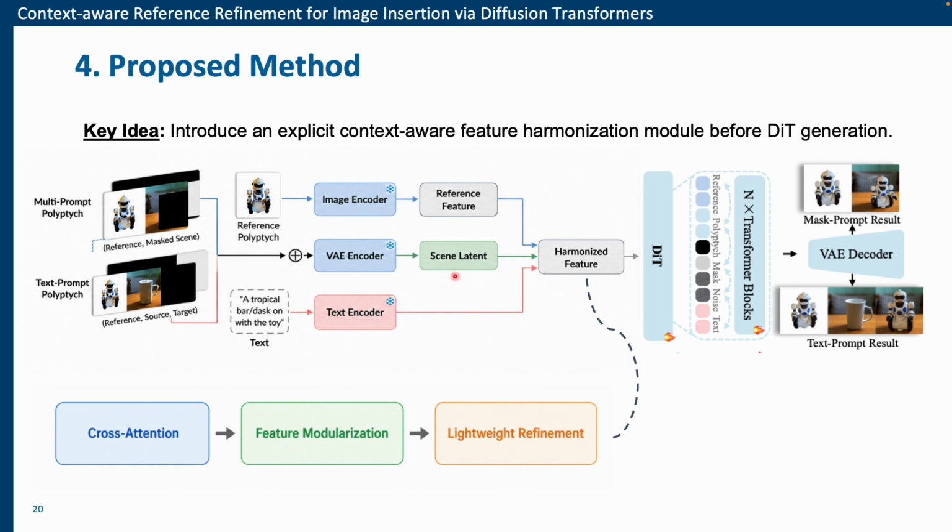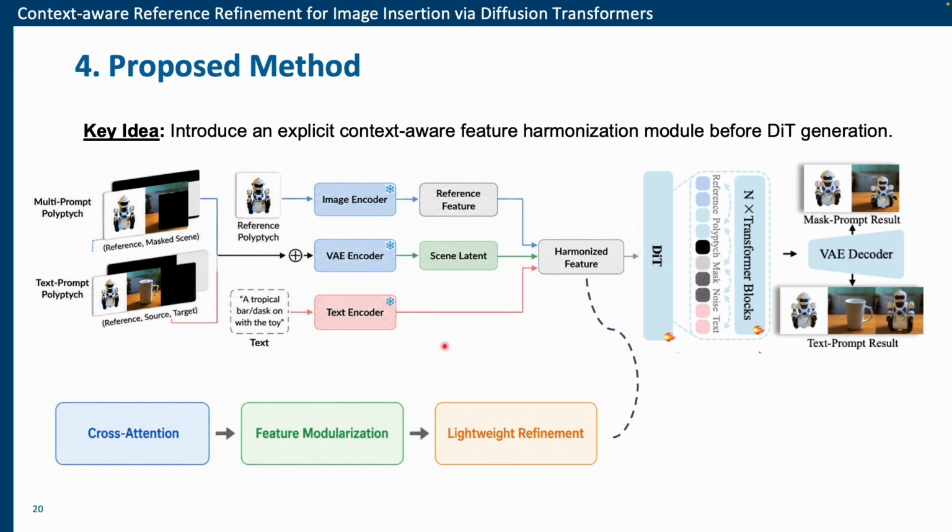In the original Insert Anything framework, the reference feature and the scene feature are directly fused inside the DiT block. In our method, we first pass the reference and the scene feature through the harmonization module. Then the features are sent into the DiT for final image generation.